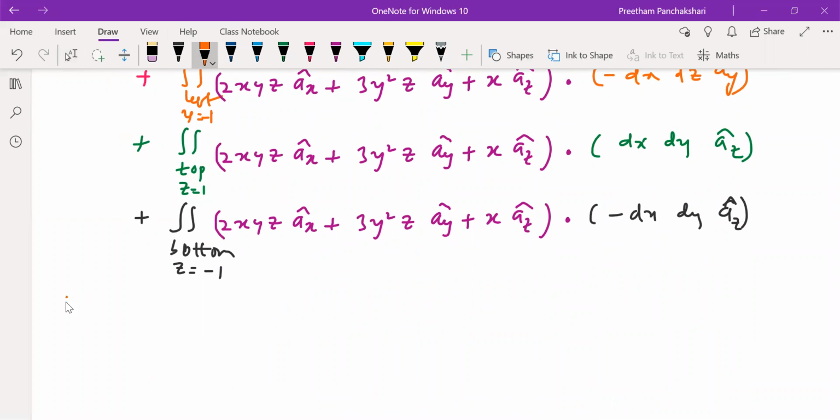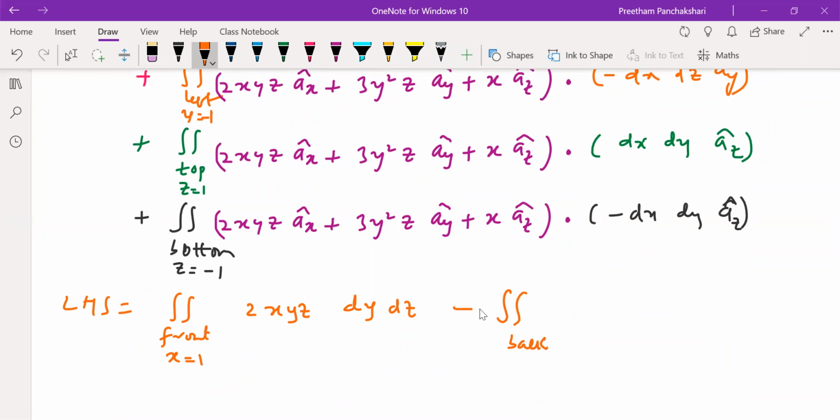So now the LHS is containing few terms. On the first integral, that is for x equal to 1, 2xyz into dy into dz. This is going to be present on the front face. Same way on the back face, same thing will be present, but with opposite direction.